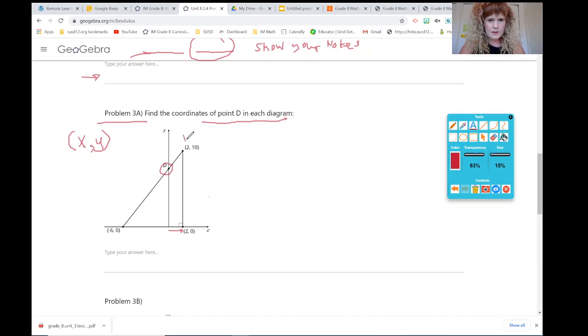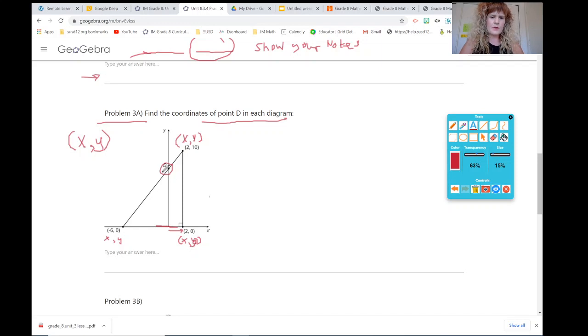So this is telling you x equals 2, y equals 10. And here, this is telling you x equals 2 and y equals 0. And that makes sense that y equals 0 because it's right here on the x-axis. So the y value is 0. And then this point here is telling you x equals -6 and y equals 0.